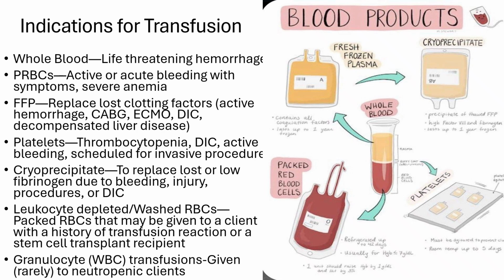And cryoprecipitate is derived from our FFP. However, it is going to have a significantly higher amount of fibrinogen, and that's why we generally use that in situations where a patient may be having a low fibrinogen, like with DIC.